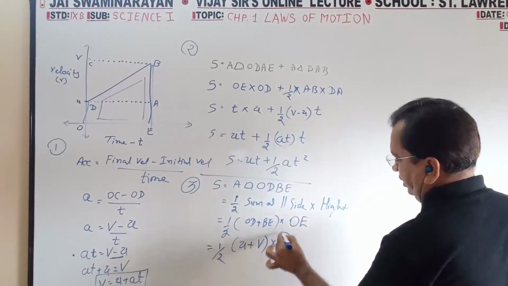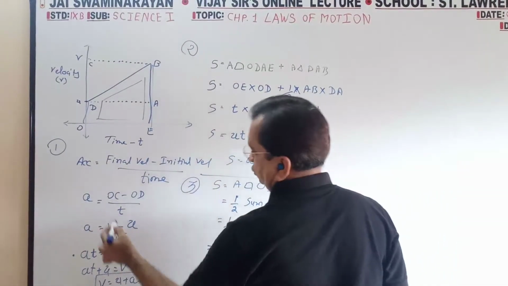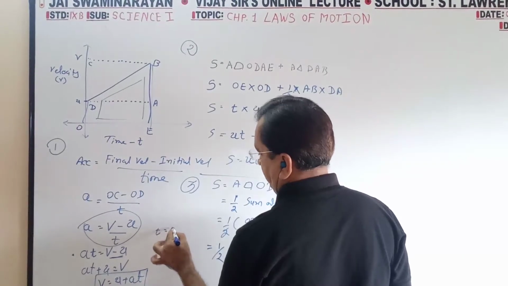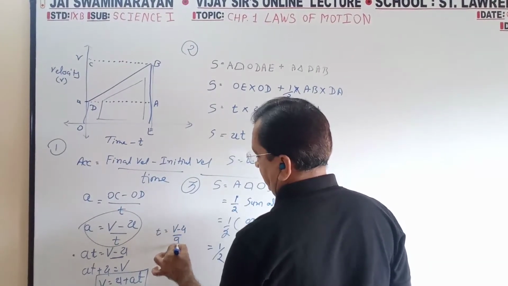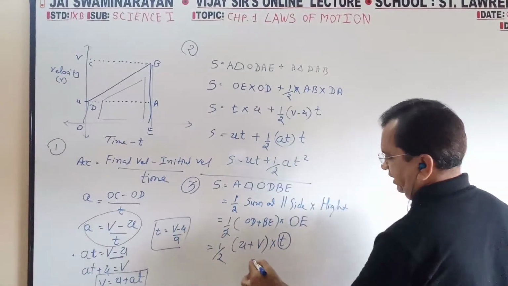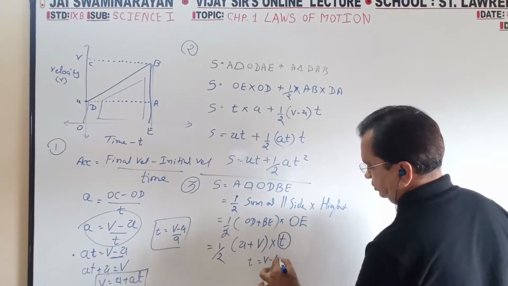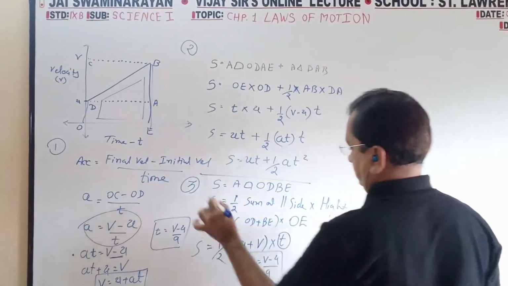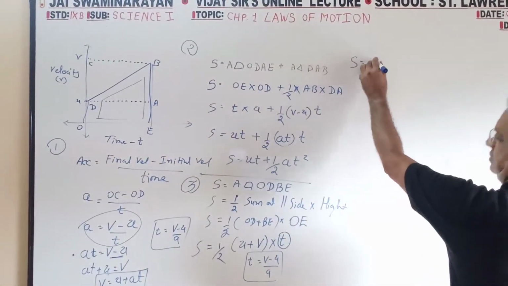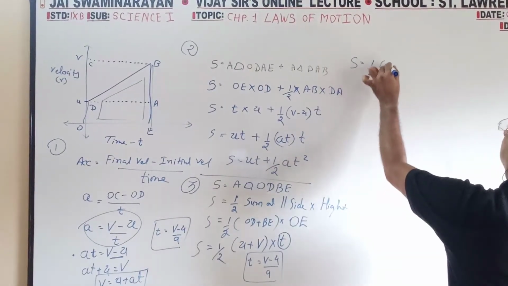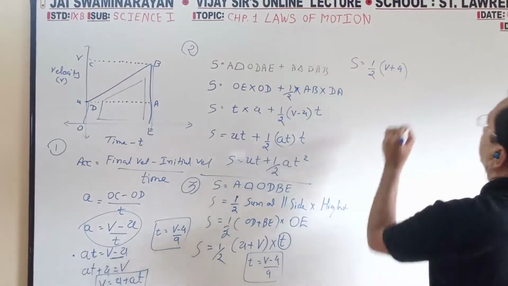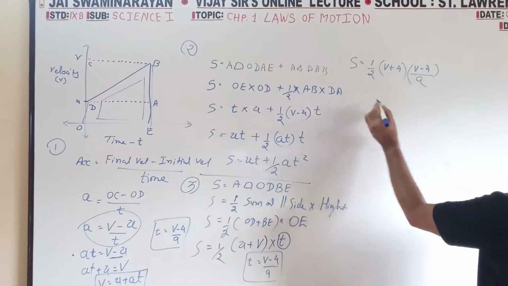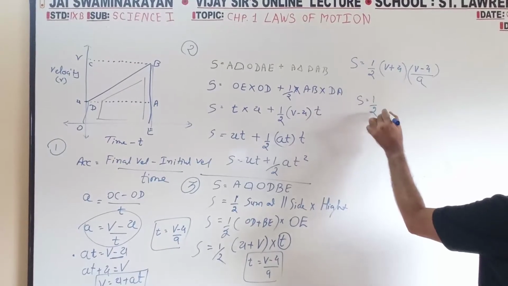Now I will find T. From this, T is equal to V minus U by A. So by substituting, here I will write S is equal to half into V plus U, into V minus U by A.